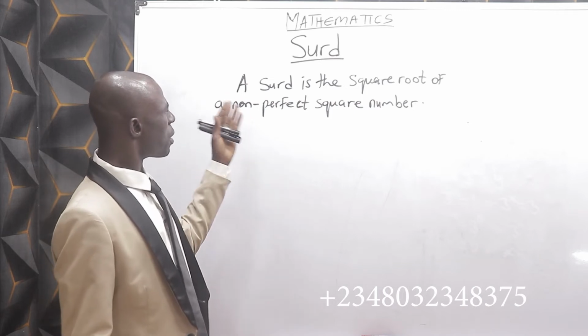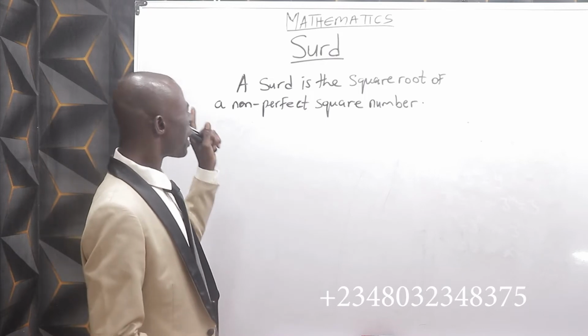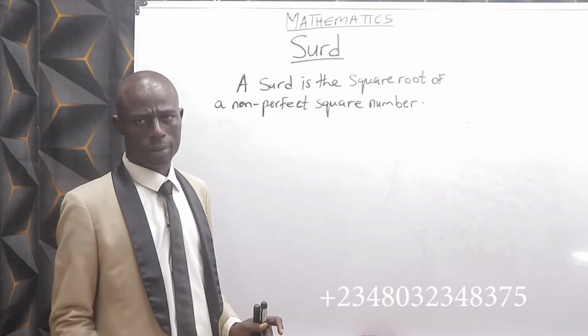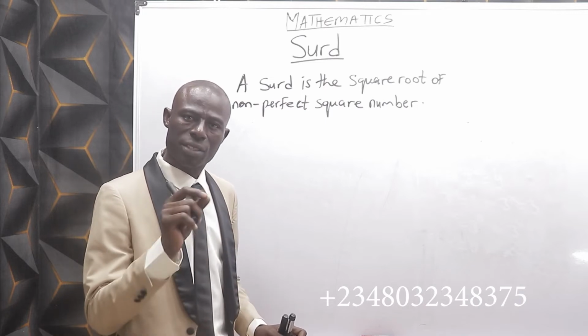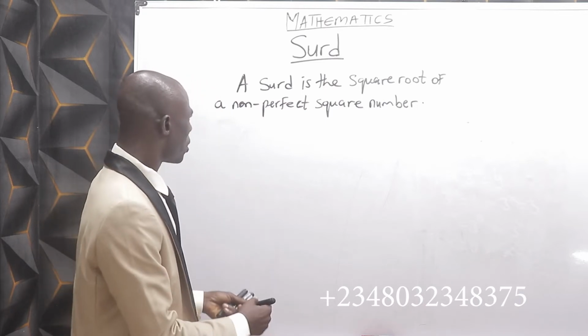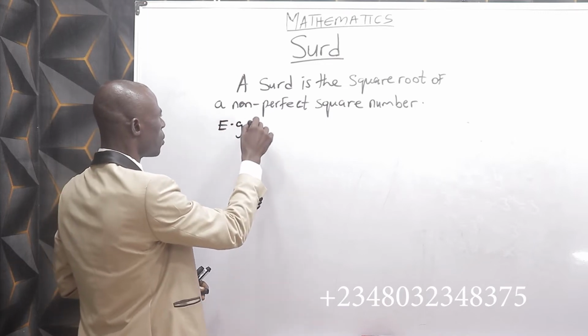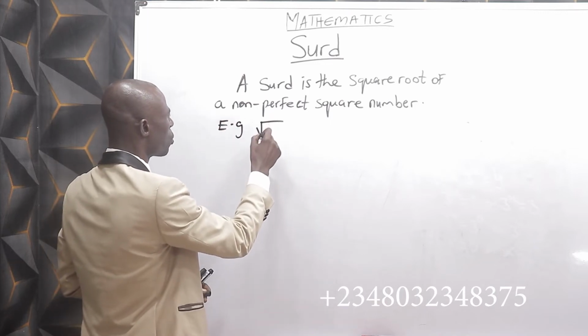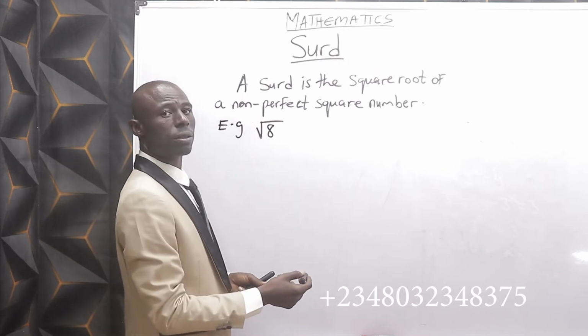Surd is the square root of a non-perfect square number. Square root of a non-perfect square number. E.g., square root of 8 is a surd.